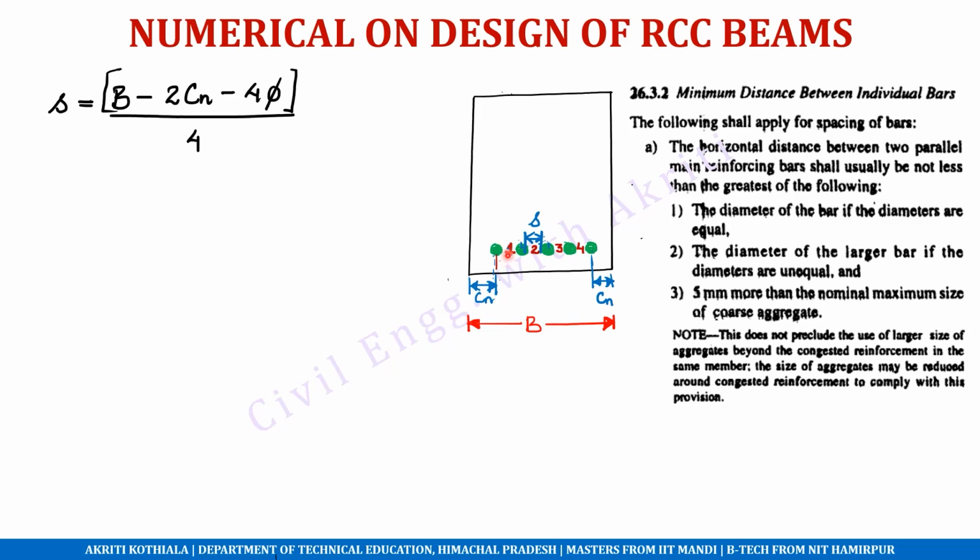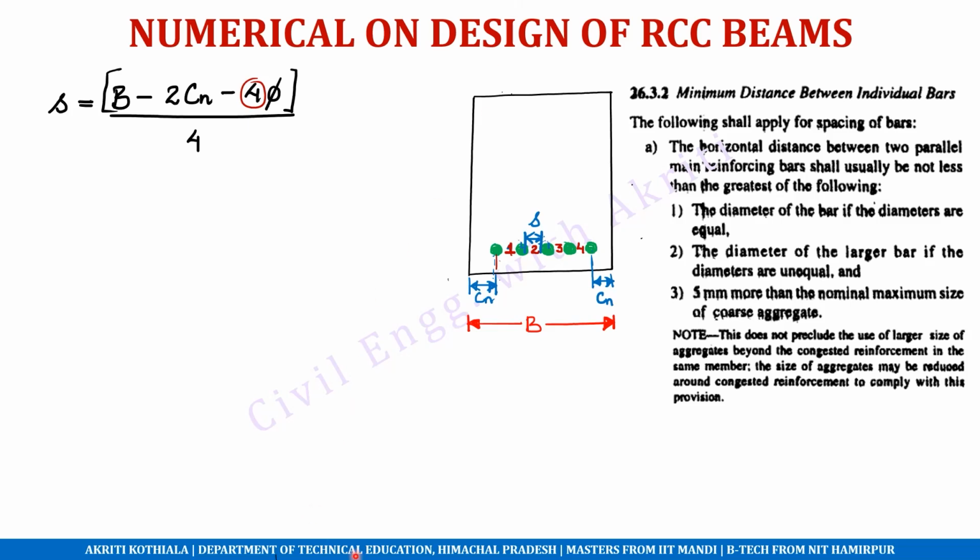That will give us the clear spacing between the bars. So we can simply write B minus 2Cn minus 4 times 5. Here I'm writing 4 because I have these 4 spaces available, 1, 2, 3, 4. You have to adjust this value according to the number of bars which you have been providing. This is divided by 4. This will be the entire space, and because we have 4 spaces, divided by 4.